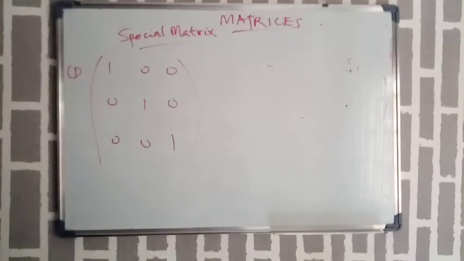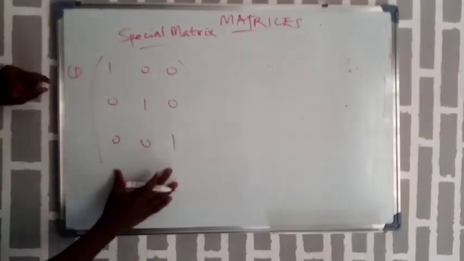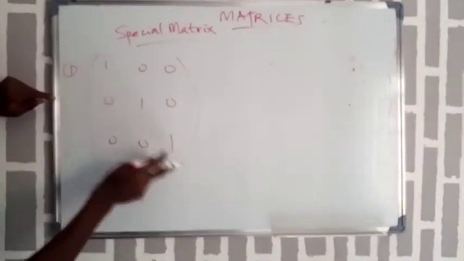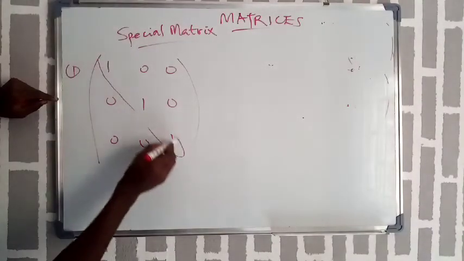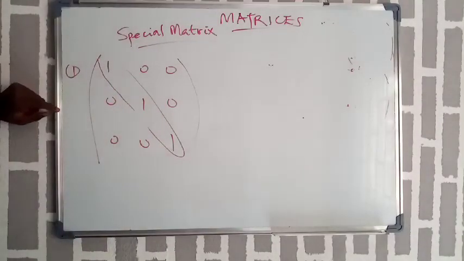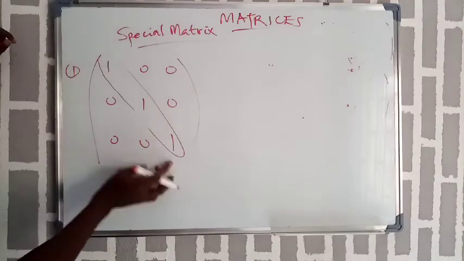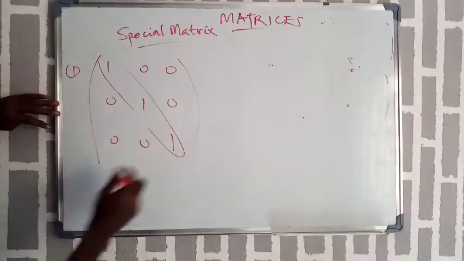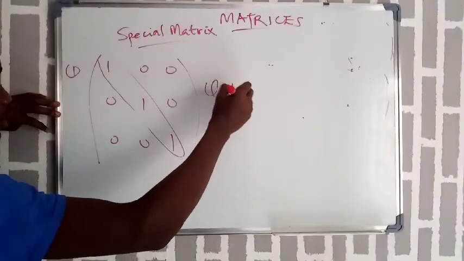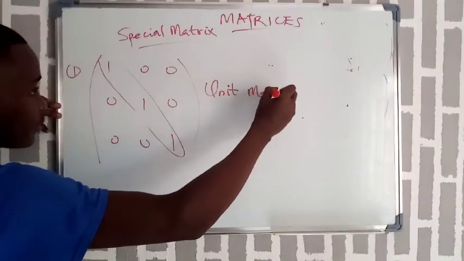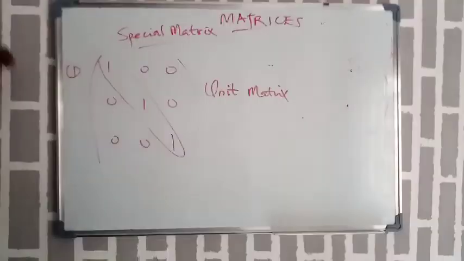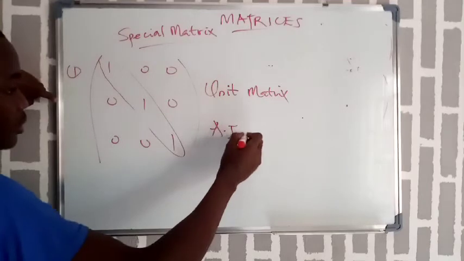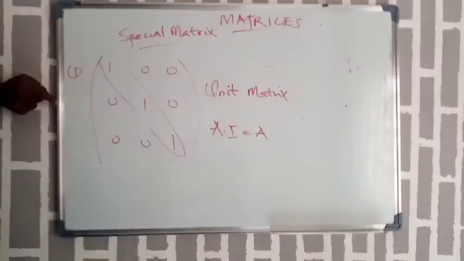Like you can see, every element of this matrix is 0 except for the elements on the diagonal. That's this element here. The elements on the diagonal are 1, 1, 1. The rest of the elements are 0. We call this matrix a unit matrix. And it is said that any matrix, maybe matrix A, multiplying a unit matrix is still that same matrix.